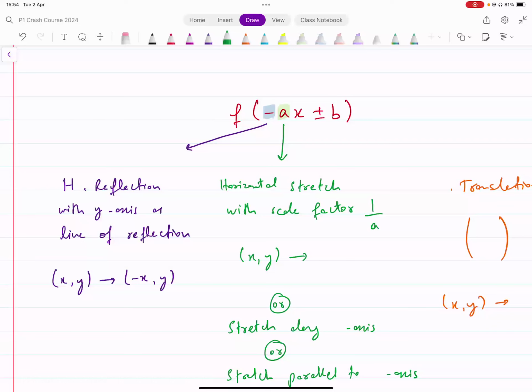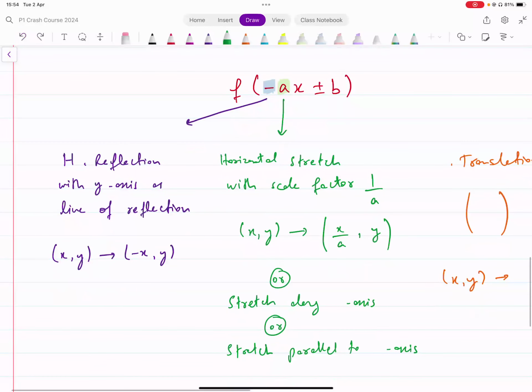So if you have a point (x, y), that's going to go to 1 over a multiplied by x, or you could say x over a, and the y coordinate remains the same. So the x coordinate is going to be divided by that number. Instead of horizontal stretch, you could also describe it as a stretch along the x-axis, or a stretch parallel to the x-axis. Those are alternative descriptions. Make sense?